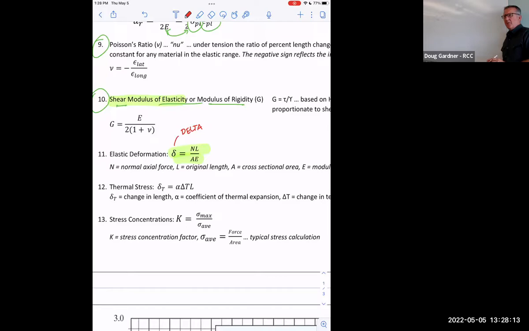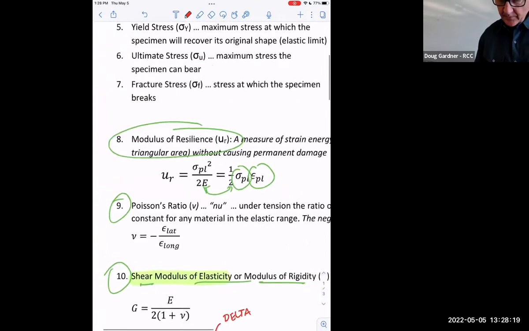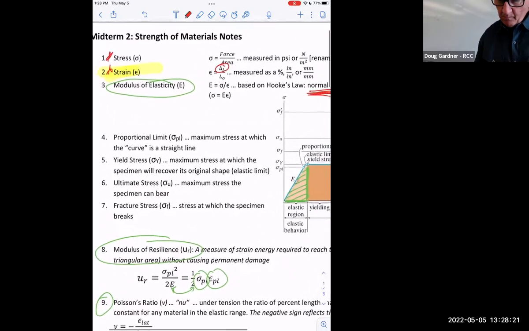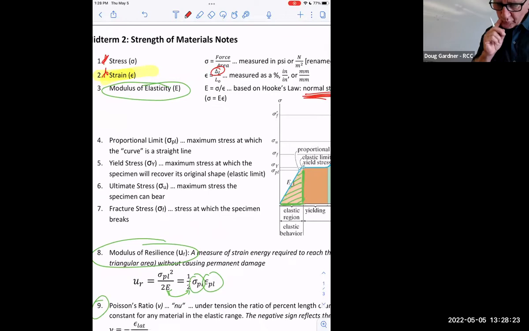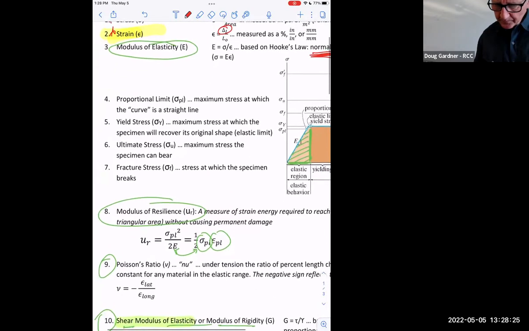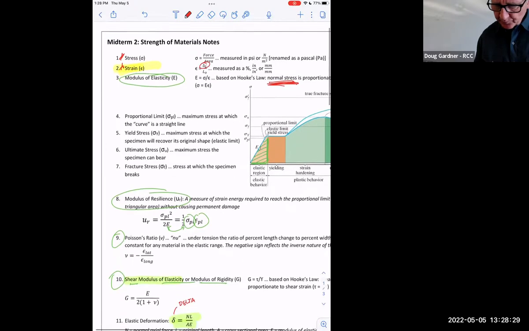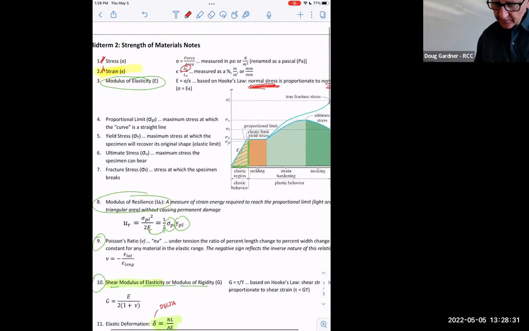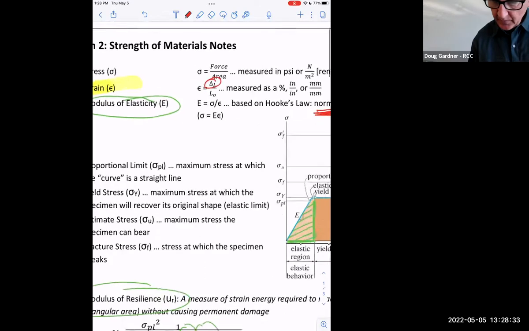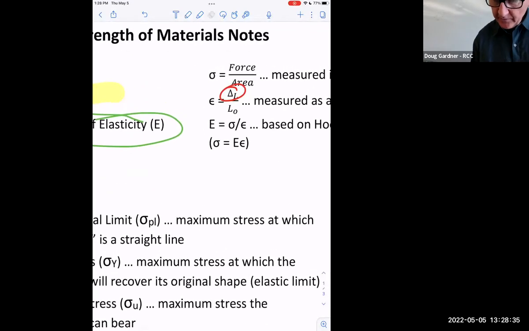And in one sense, didn't we already study this? Isn't that just sitting on here somewhere? Actually, I think that was even in the previous section. Like this strain business right here.